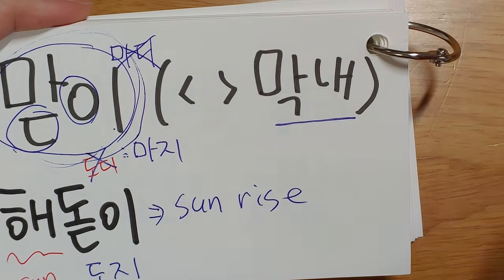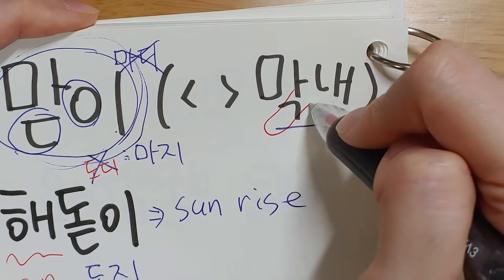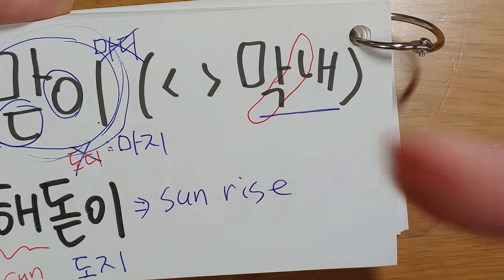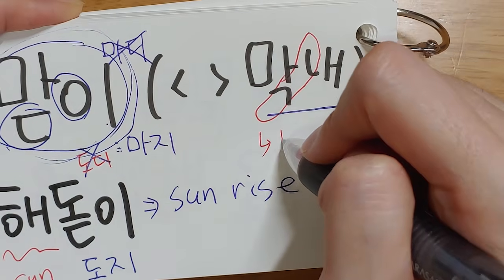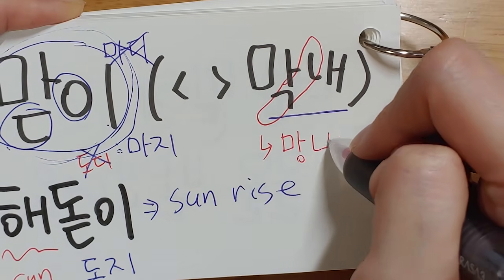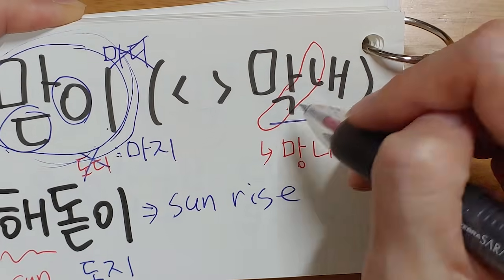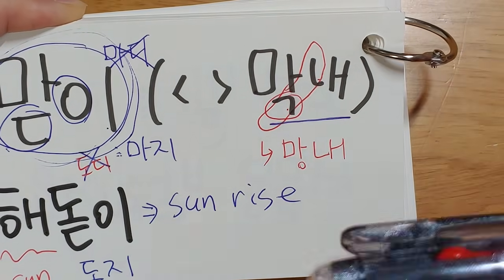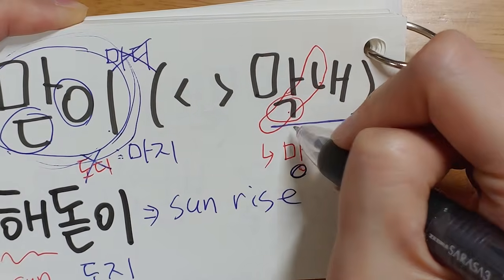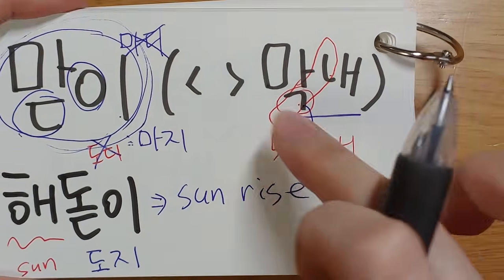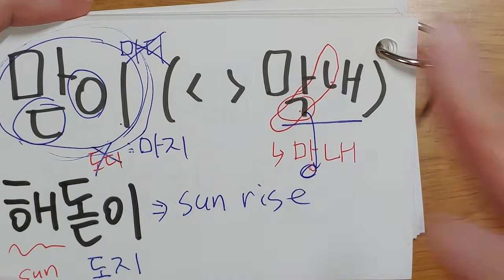If you remember the consonant assimilation rules that we learned so far, you can pronounce this one correctly. 막내. 윽 softens to 응, right? That's why it's 막내. 막내 means the youngest one. 마지 means the oldest one.